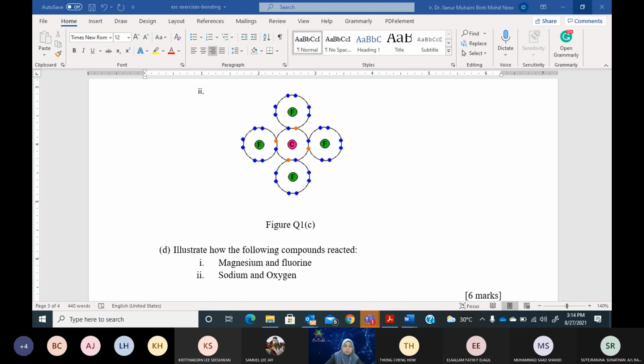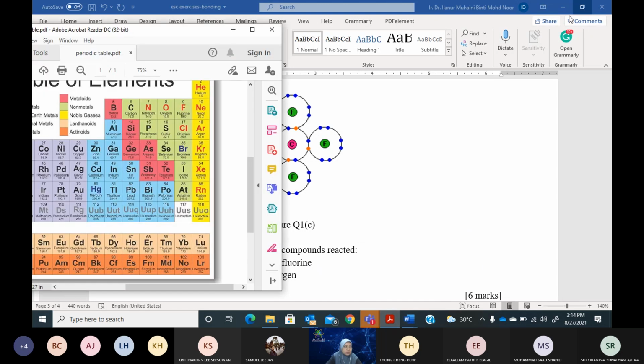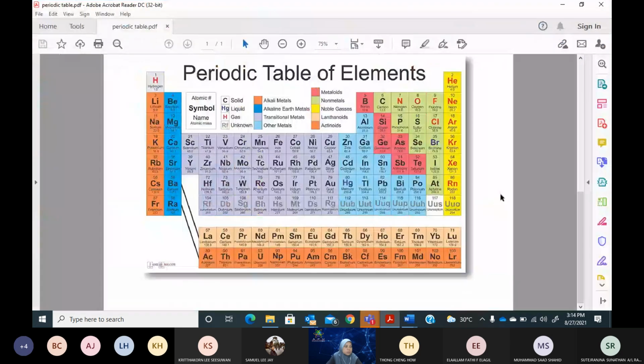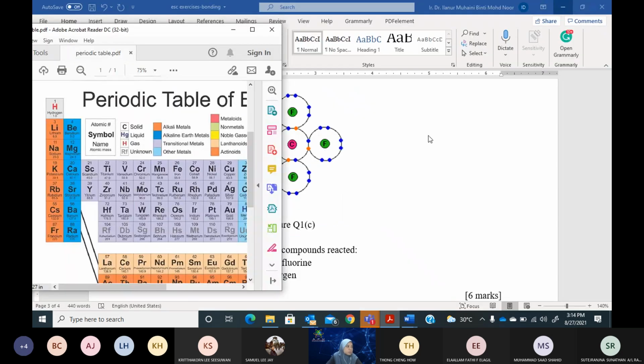In the previous class, we already did the bonding of this, magnesium plus other things maybe. So again, you need to refer to the periodic table. Now you refer to magnesium, 12. Another one is fluorine.